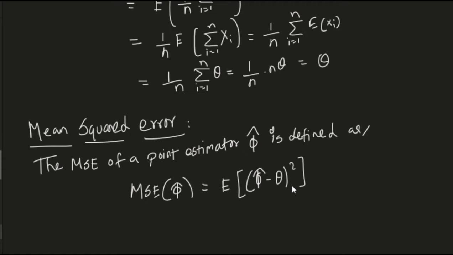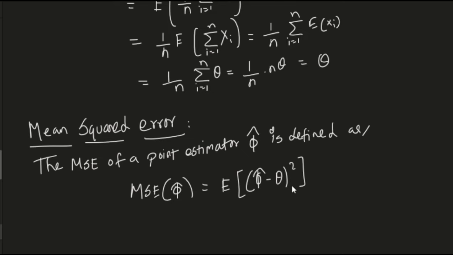So this is the mean squared error, because phi cap minus theta is the error that we make when we are going to estimate theta based on phi cap. Because see, phi cap is an estimator of theta, right? But since we say estimator, we are not really guaranteed that phi cap would always equal theta. So it estimates theta, so there can be some error, and that error is given by phi cap minus theta.